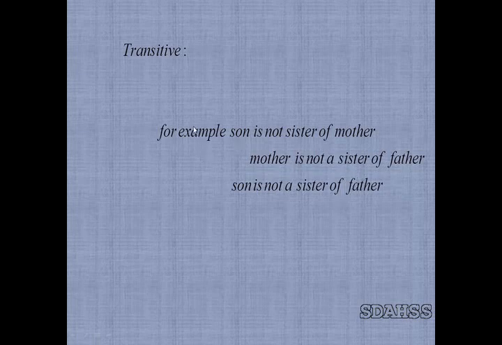Here we want to compare three objects, that is son, father and mother. First you compare son and mother. Son is not a sister of mother. And then you compare mother and father. Mother is not a sister of father. So finally son and father. Son is not a sister of father.